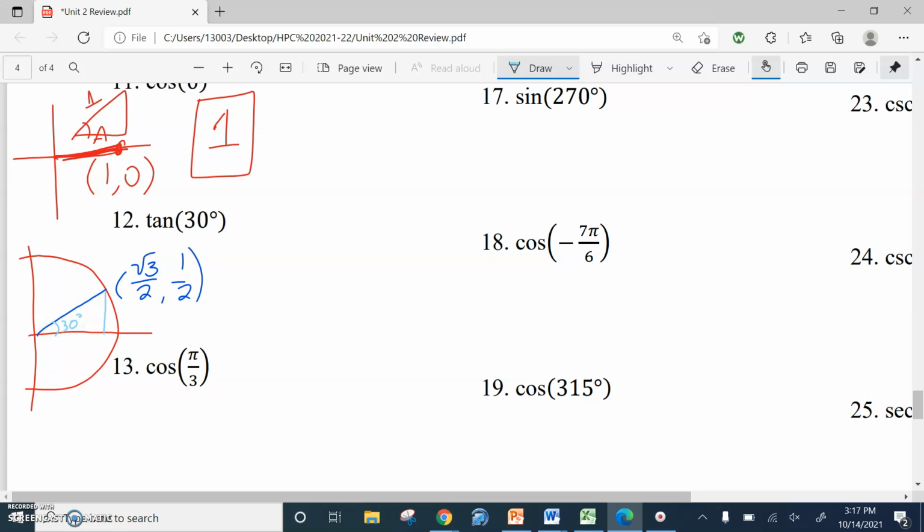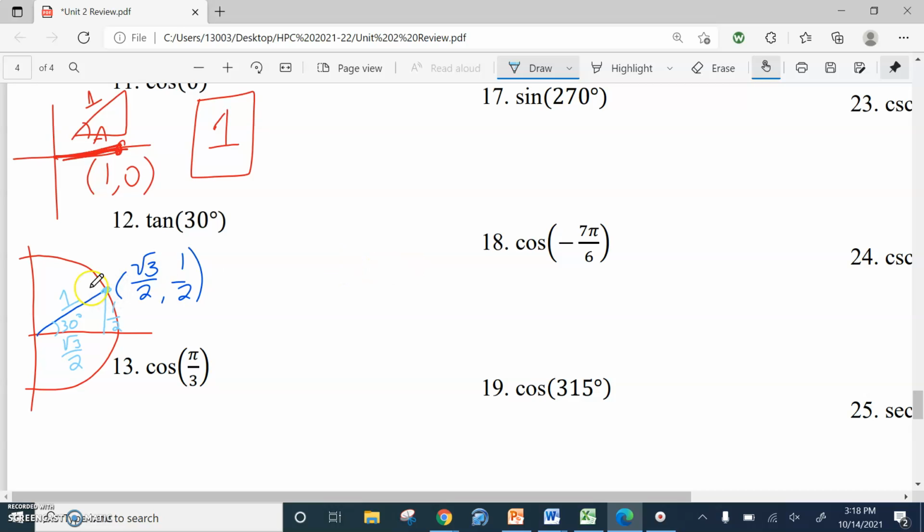There's 30 degrees. So if I were to know that my radius is 1, so my hypotenuse in the unit circle, that's 1. The distances of my x-coordinate, it's telling me I had to go over square root 3 over 2 and up 1/2. That's how I got to this point.